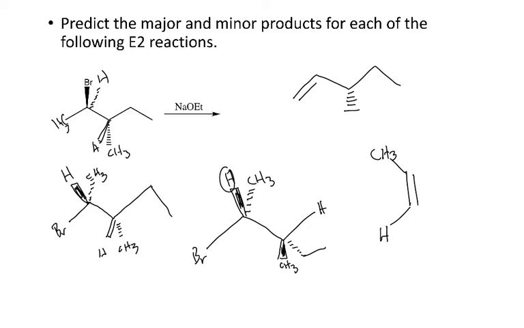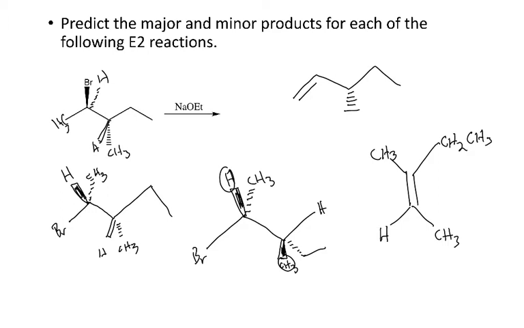So the hydrogen and the methyl are on the same sides. And then the same carbon that has the hydrogen is going to have the CH3. And then the side that had the CH3 is going to have the ethyl. And so this is going to be our product.